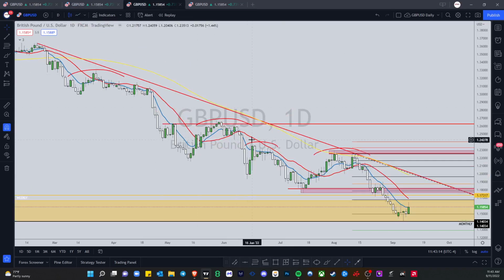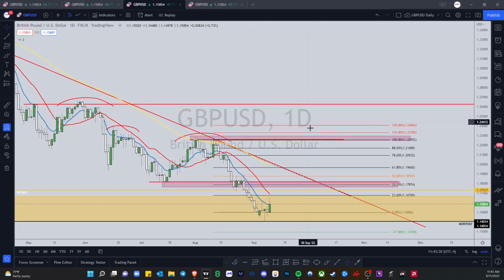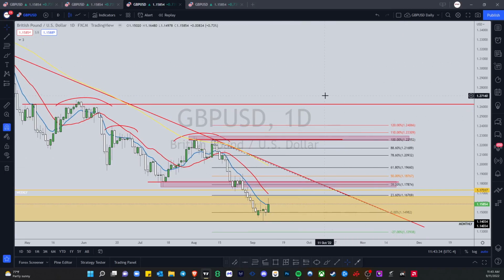And then on my daily, I have all three moving averages. It's not like I trade with moving averages. I don't trade with moving averages like that. I'm just trying to use it maybe for extra confirmation for something I'm looking for. But my trading style is not based off moving averages.